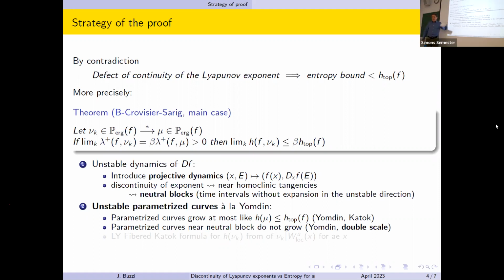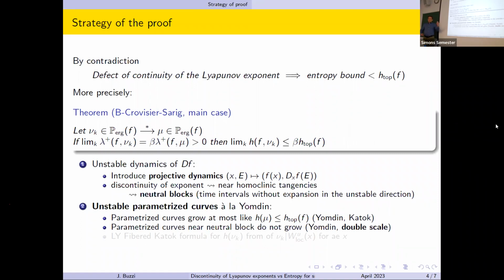Because at the next step, we want again to be able to say we are still in the neutral block, and the direction of the tangent of the curve being almost constant, we can use the information from the differential to say that the curve doesn't grow. But when we do that, we have a problem, which is that we need to control the point on the surface, the base point, at a much smaller scale, because we are using the modulus of continuity of this unstable direction.